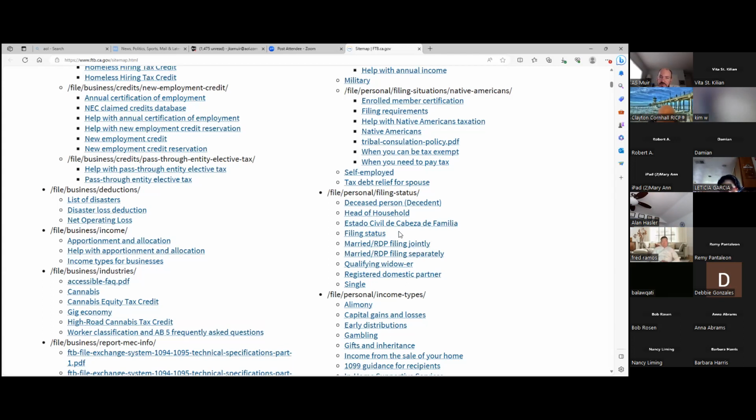And again, that's a registered domestic partner. California has not yet updated this. I believe last year they used the qualifying surviving spouse. So when you see the term qualifying widower, that means qualifying surviving spouse. And then we talked about a registered domestic partner.